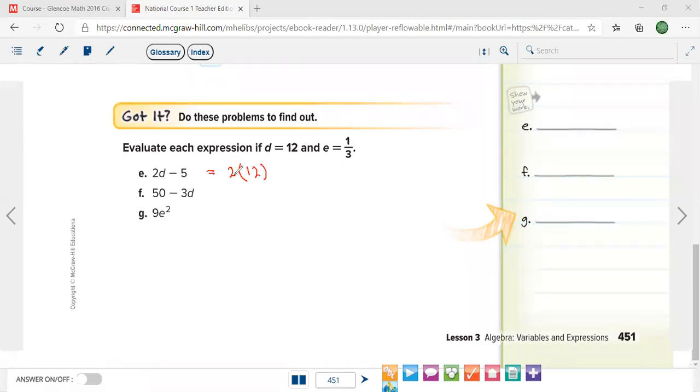That means multiplication also. 2 bracket 12 means 2 times 12 minus 5. So it's up to you whether to use parentheses with the value of the number, and you know that it's multiplication, or you use the multiplication sign itself. So 2 times 12 will give you 24, minus 5, this will be 19.